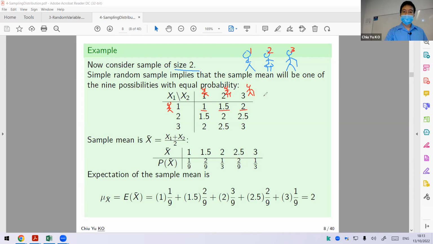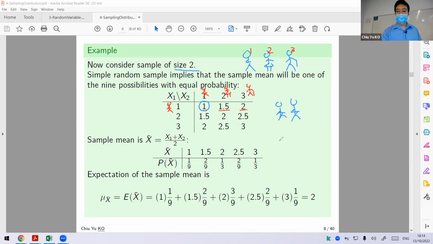So what is this entry? Because we do a sample size of 2, it means I draw a guy and a guy again. Why can I have 2 guys? Because we're sampling with replacement. I draw a guy, put him back, and draw again, and it happens to be the guy again, so the average is just $1.